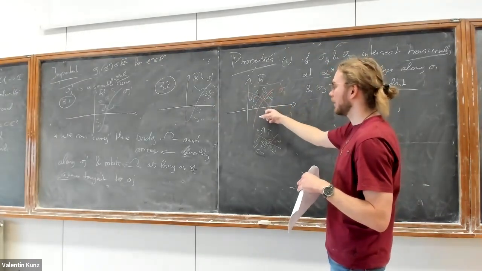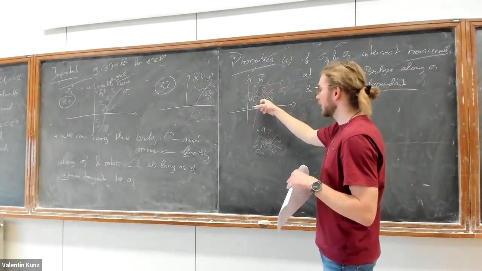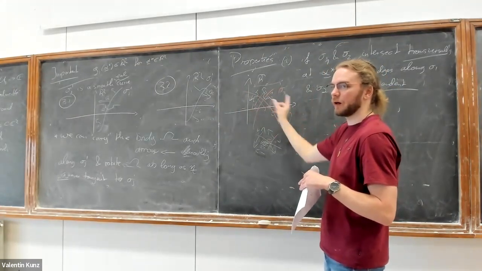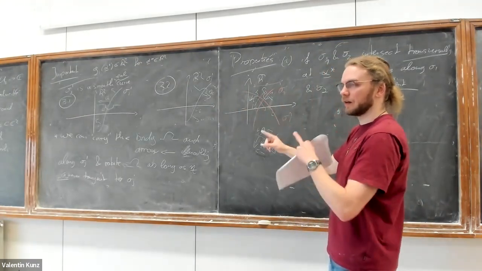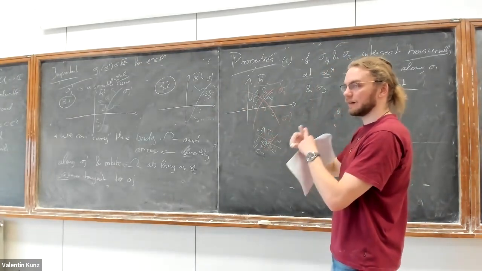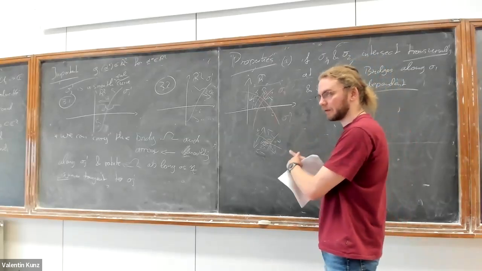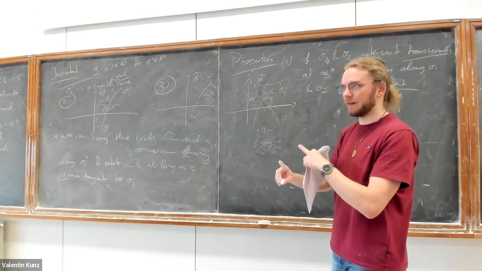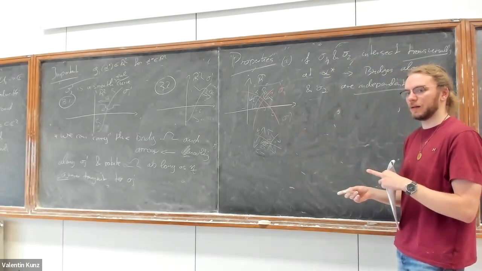If you want to be more precise, I could say that the sum of the tangent spaces at this point makes up all of C squared. You look at them as a submanifold within C squared. So you can take the inner sum of the tangent spaces because they are sub-vector spaces of C squared. And then the statement that taking the sum of the two tangent spaces is all of C squared makes sense.